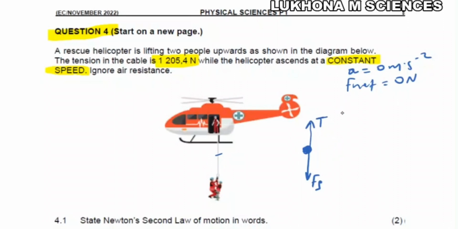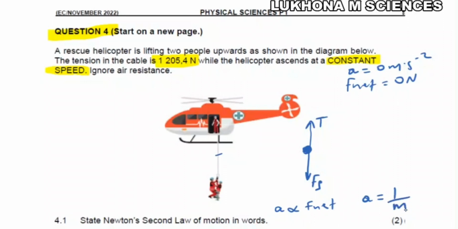The first question says, state Newton's second law of motion in words. Newton's second law states that when a net force acts on an object, the object will accelerate in the direction of the net force, with acceleration that is directly proportional to the net force, and inversely proportional to the mass of the object.